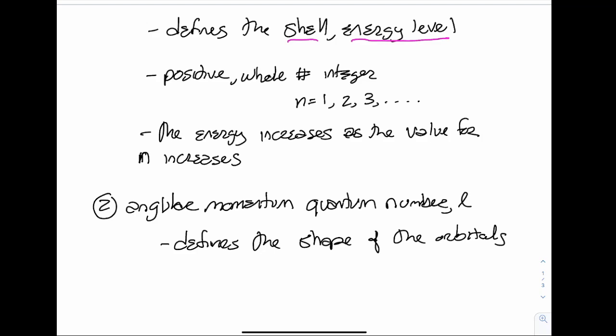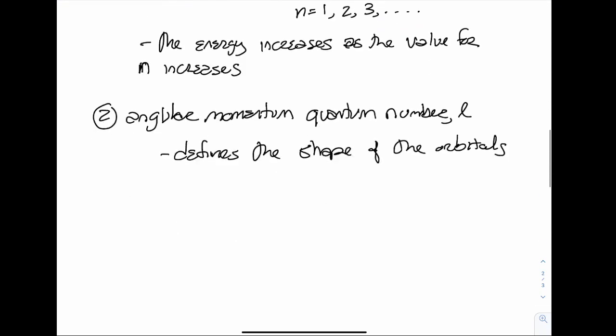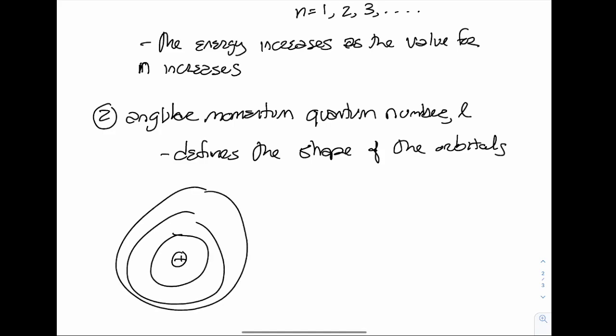All of the other values for l are not round. So when we draw pictures of atoms, like that Bohr one I just drew, that's completely not accurate at all. They are not actually round, which is why I generally just do these little cutaway pictures, because I don't want to complete it, since it would be incredibly inaccurate. So it defines the shape of our orbital.